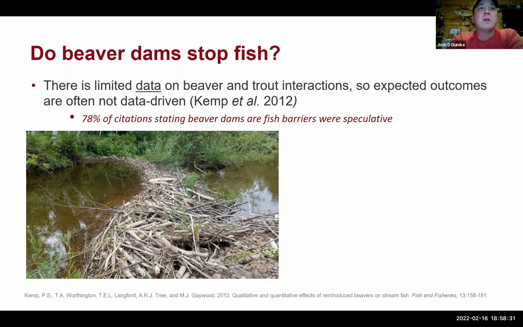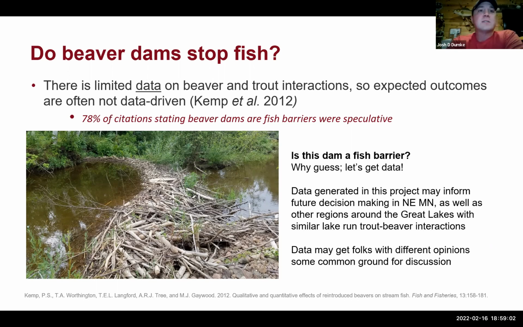In one paper where natural resource managers were interviewed about how they viewed beaver dams as fish barriers, 78% of them indicated that they thought dams were barriers, but this was not data driven. It was mostly stating that these interactions were speculative rather than data driven. Next, please, Karen.